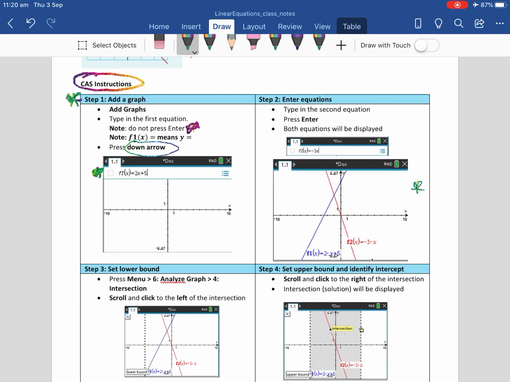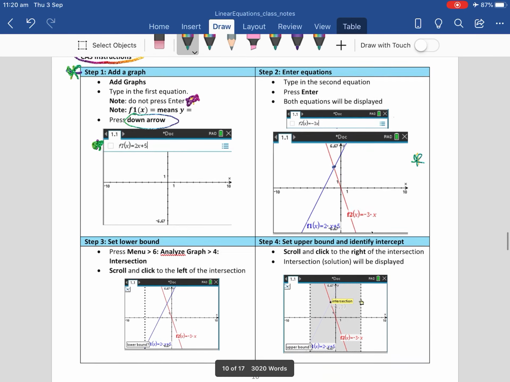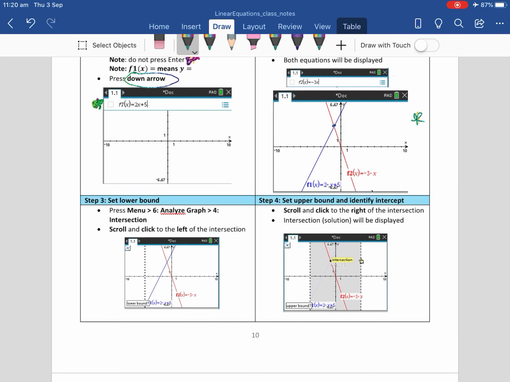Now we want to know the solution, so the point of intersection here. To do that on your calculator, you need to go to Menu, Analyze Graph, Intersection. Then your mouse will appear and you have to click and scroll over. So you make sure when you click it's on one side of the lines, and then move your mouse over to the other side, so that it'll find the intersection in between, like you're putting in a bit of a boundary.